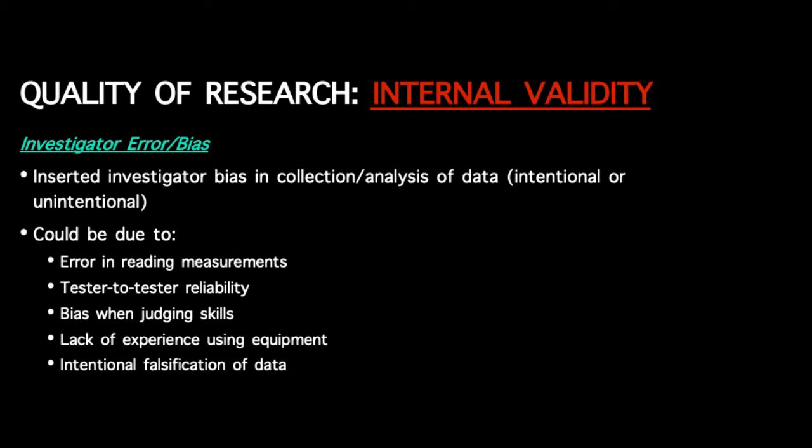If you just put in a number, that would be an intentional falsification of data. If you think, well, all of their other trials were around this number, so I'm just going to put this so that we can keep the subject in. No. If that happens, you have to kick out that subject, take it for what it is, and get another subject to replace their spot. This is a huge no-no.